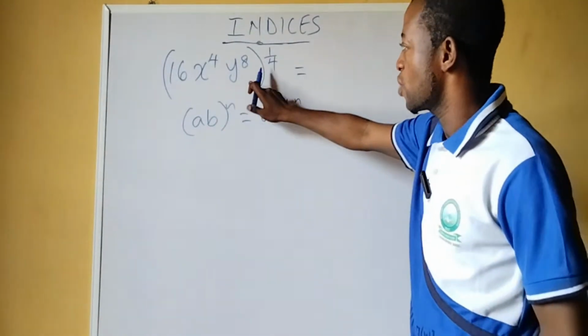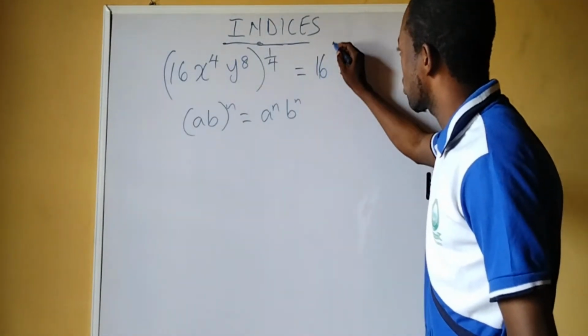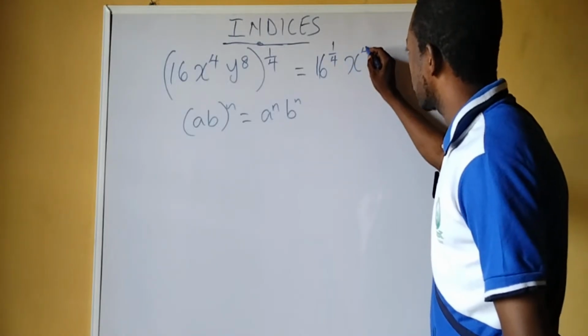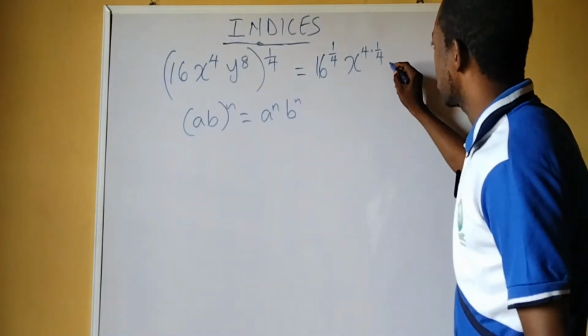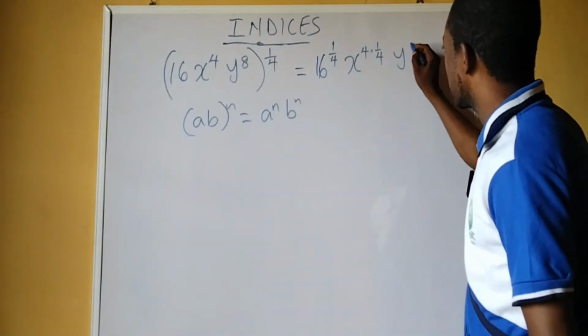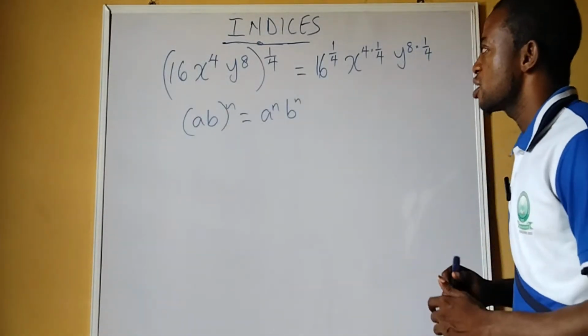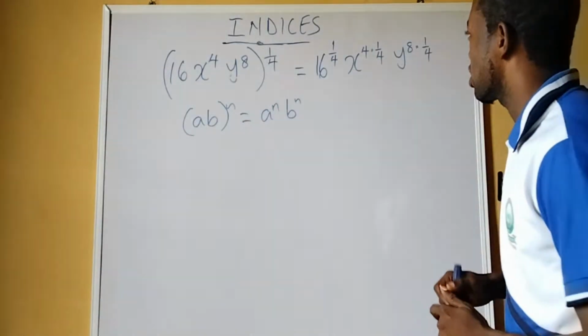It will also affect y raised to power 8. That is, this becomes 16 raised to power 1/4 times x raised to power 4 times 1/4. Then also times y raised to power 8 times 1/4. So we have used this power now on these three numbers inside.